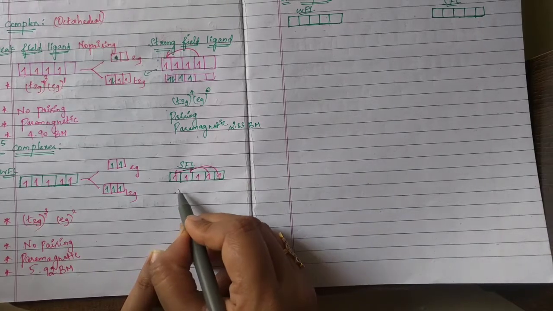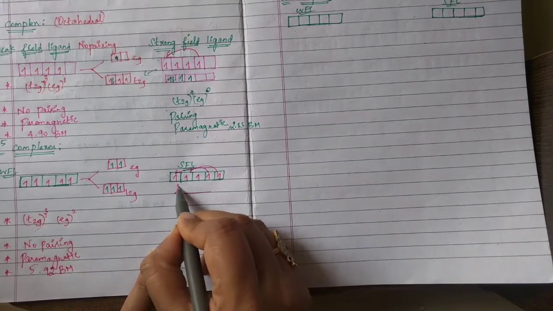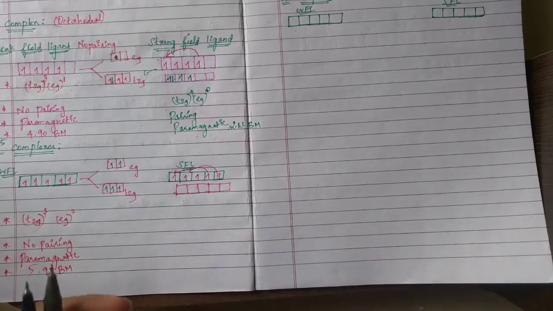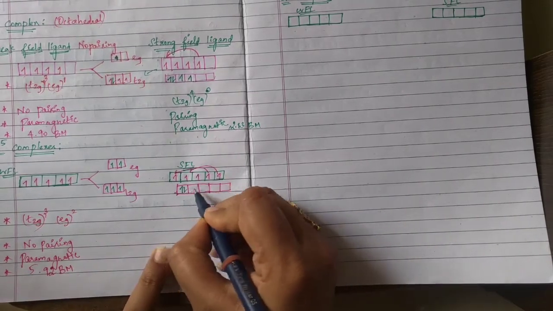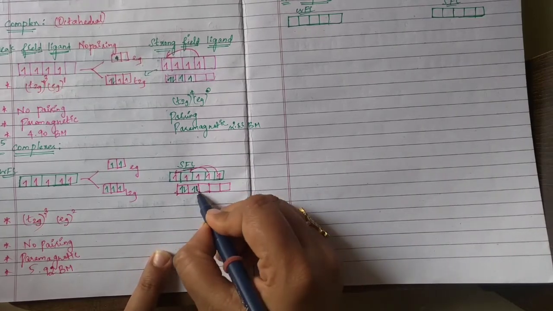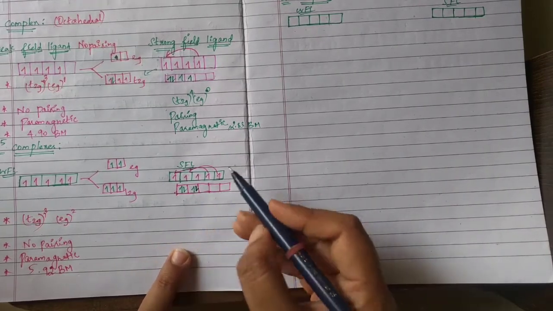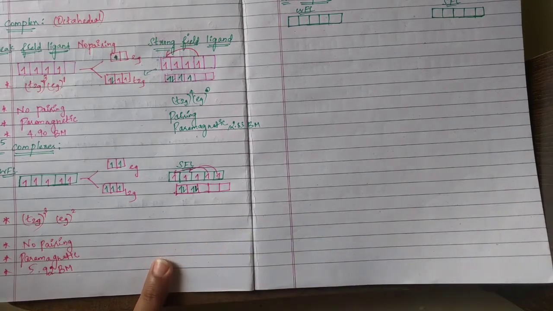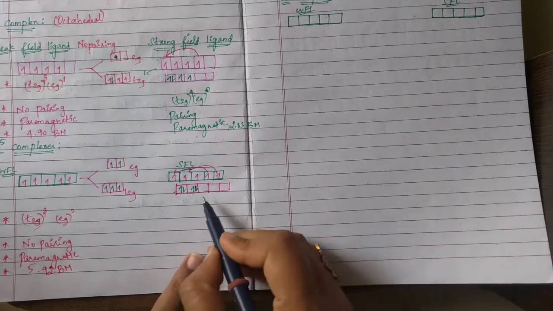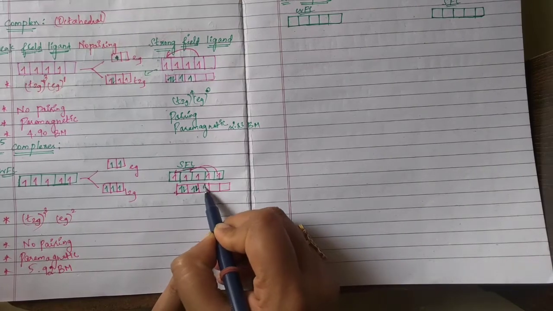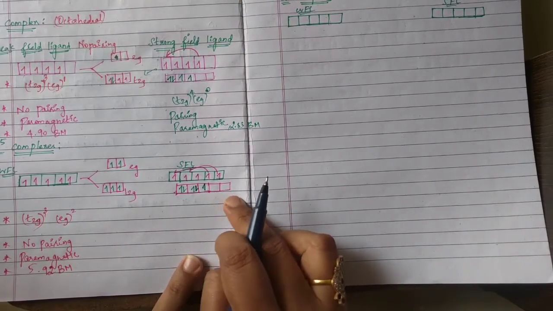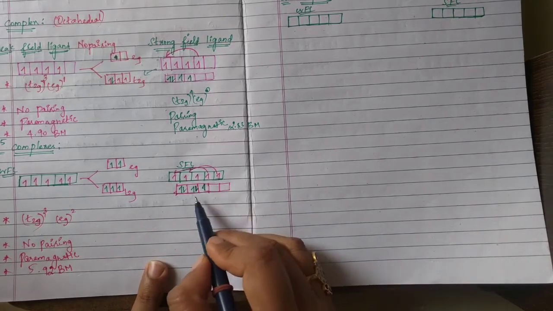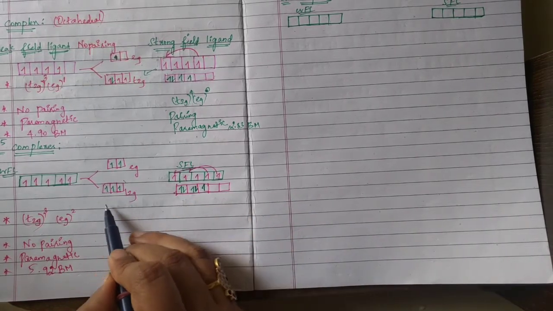So pairing takes place in the ground state level only, and there are no electrons in eg for a strong field ligand. Now the configuration is t2g5 eg0.